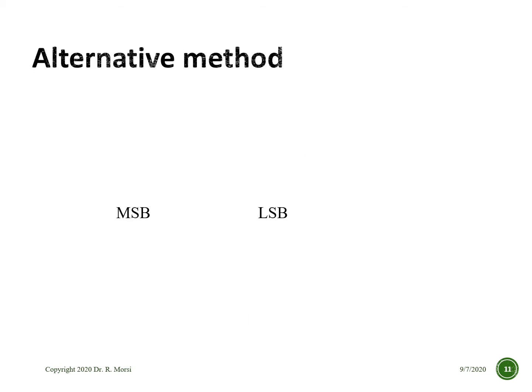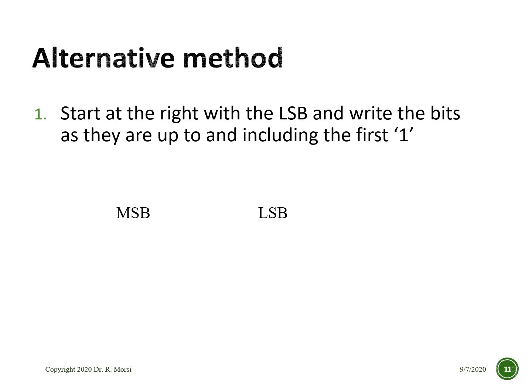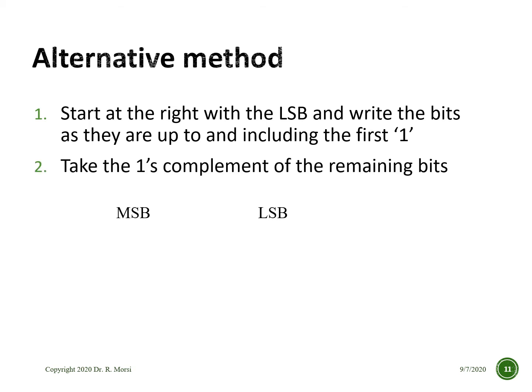Now there is an alternative method to getting the 2's complement. It's much quicker. You start at the right with the least significant bit, and you write down all the digits from right to left up to and including the first 1, and then you flip everything afterwards, meaning take the 1's complement of everything after that. So here's an example.